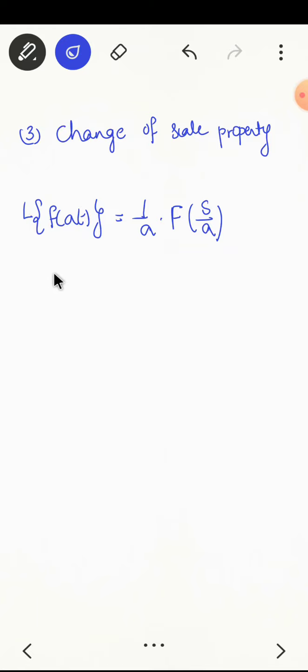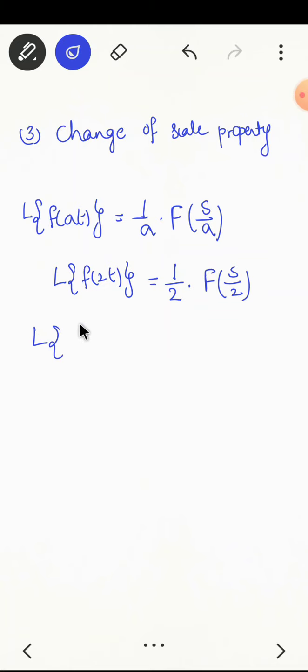Suppose they are asking f of 2t: first find the Laplace of f of t. Then f of 2t can be written as 1 by 2 into F of s by 2, wherever s is there you replace it by s by 2. And if you have f of t by a, if it is multiplication you should do division, if it is division you should do multiplication, a into F of as. Hope you are getting all these things.